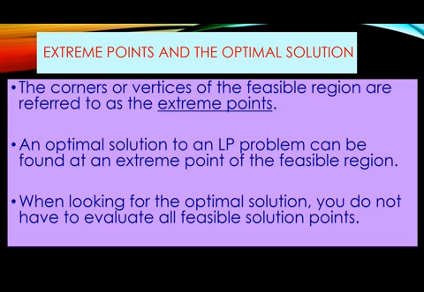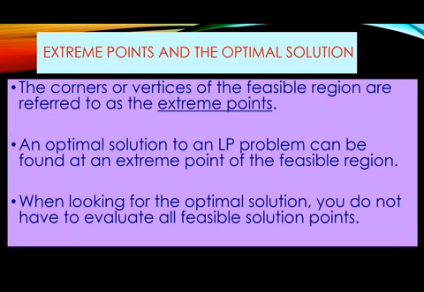But for the time being, for us to understand, let us assume that whenever you are solving a problem using the graphical method, you will get a region where the constraints are getting satisfied.